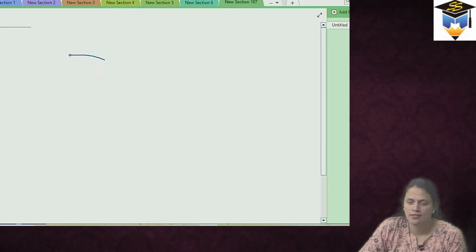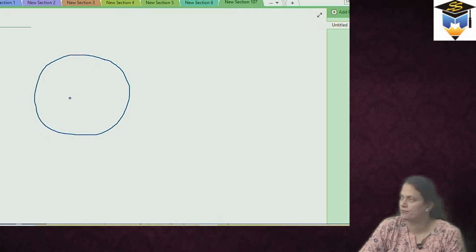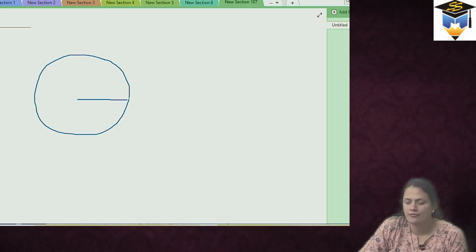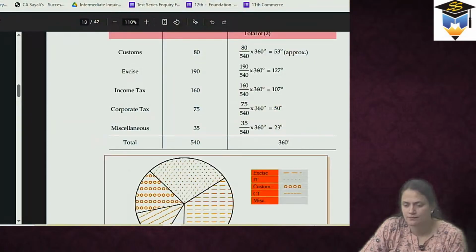So suppose this is a circle that you want to draw. So now first is customs. So you will just draw a baseline, which is the radius. So first is customs.